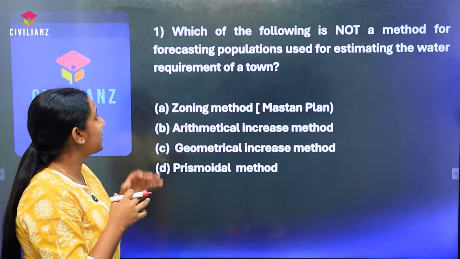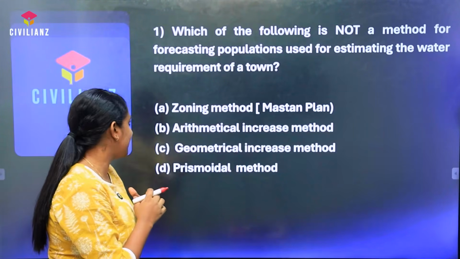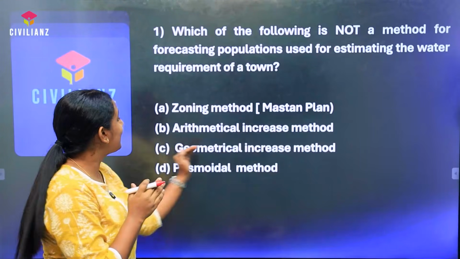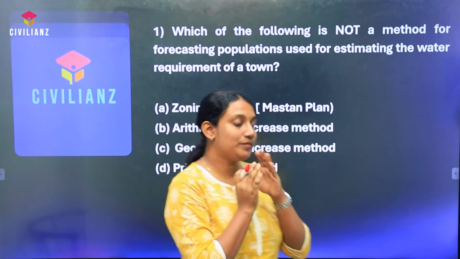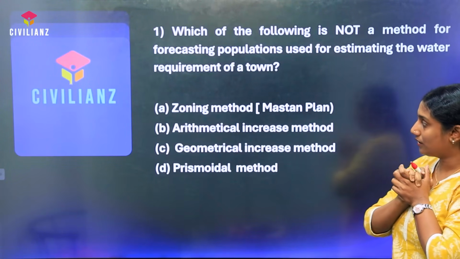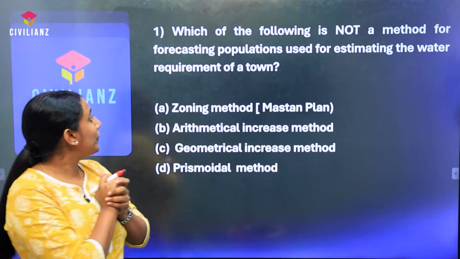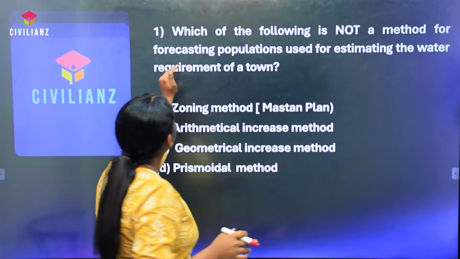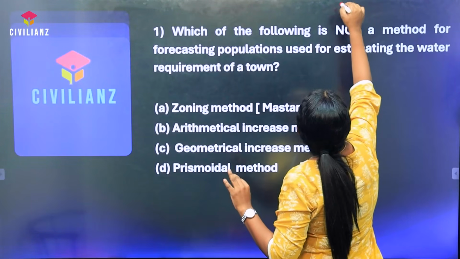Everyone knows there are many population forecasting methods. The first option is the zoning method, which is a part of finding out the population. Four options are given: zoning method, arithmetic increase method, geometrical increase method, Prismoidal method. Put your answers in our chat box. In this question, they already mentioned "not a method for forecasting population", so we should focus on this point.